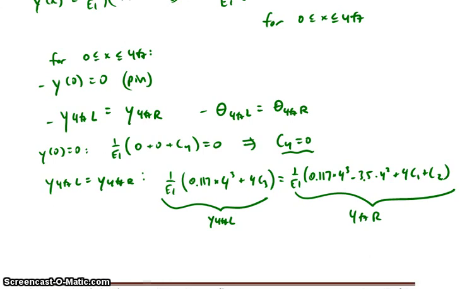At this point we can actually multiply through, cancel terms such as 1 over EI on both sides, and then simplify as much as possible.